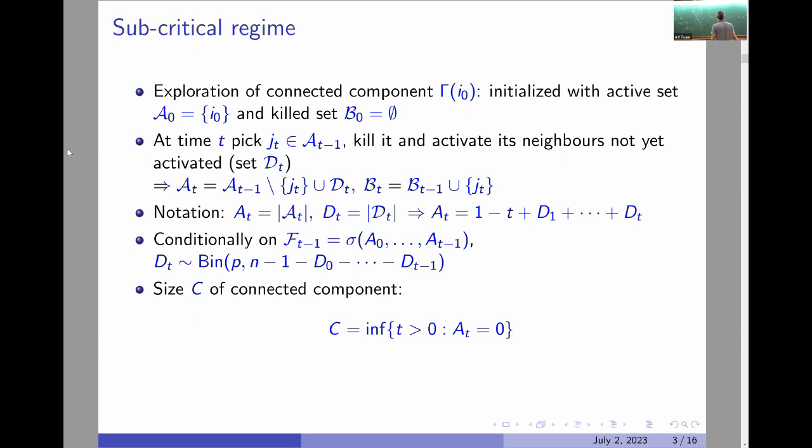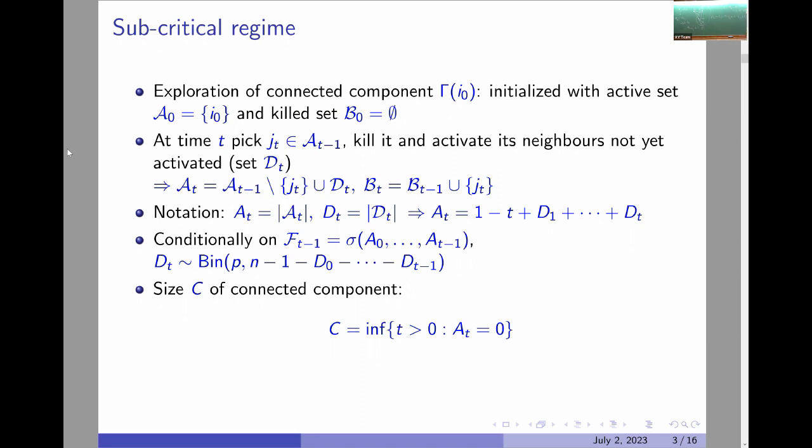So when I consider T the first time at which AT reaches 0, then I can use also the formula that AT, as I said, is going to be 1 minus T plus D1 plus ... plus DT.